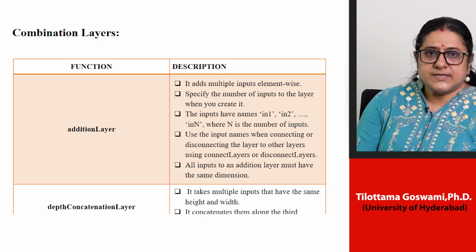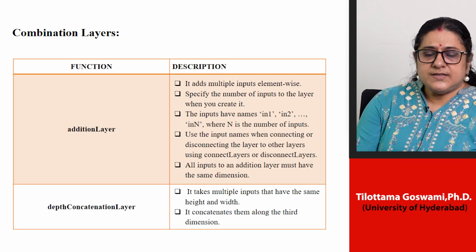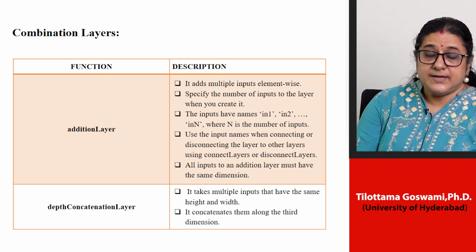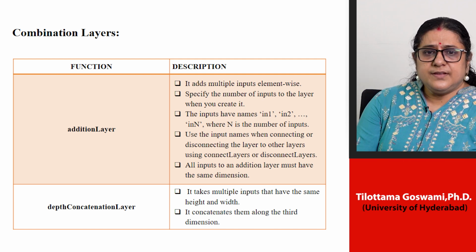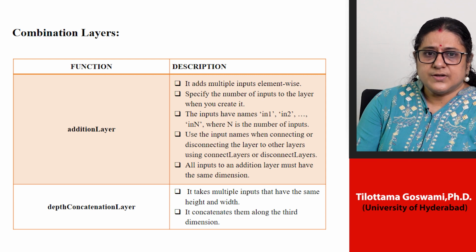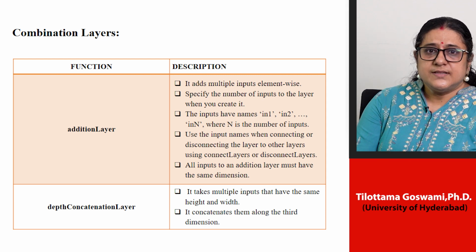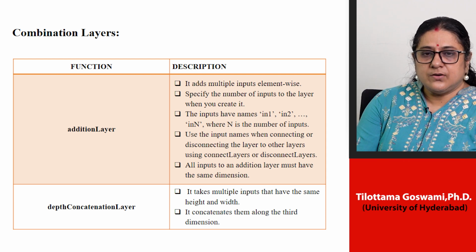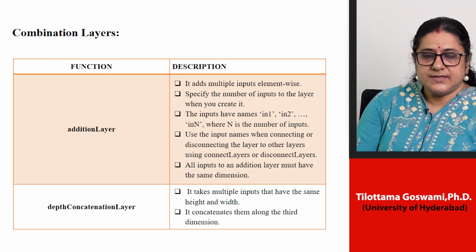These are combination layers. Combination layers: addition layer, depth concatenation layer. It takes multiple inputs having the same width and height and concatenates them along the third dimension. The requirement is that all the inputs to the addition layer should have the same dimension.